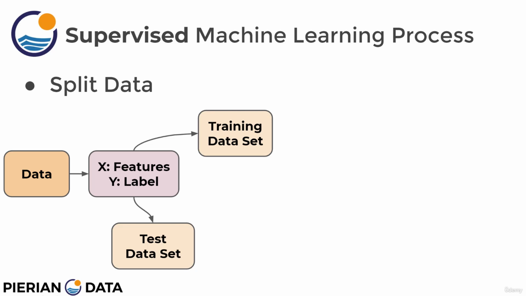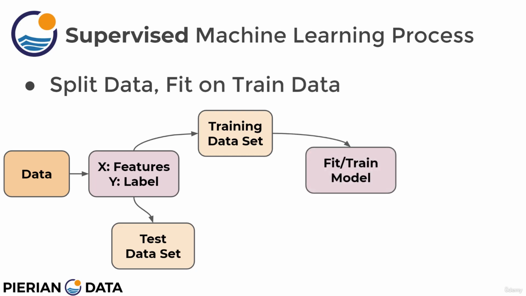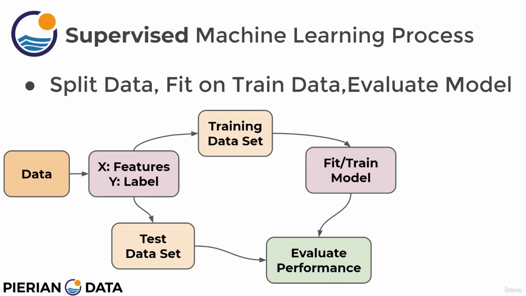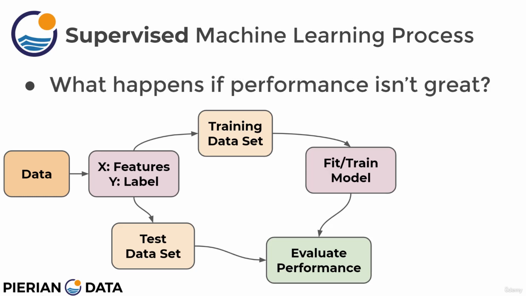And now that we understand the train test split, let's go ahead and continue with the rest of the supervised machine learning process. After we split the data into a training set and a test set, we know that we fit and train the model only on the training data set. Then we fairly evaluate its performance by feeding into the model the features of the test set and comparing the model's predictions to the known test set label. Now the question arises, what happens if you're unsatisfied with the performance of the model's ability on the test features?